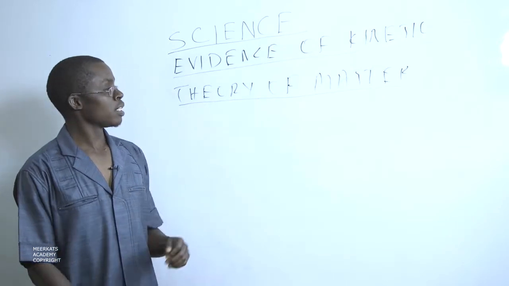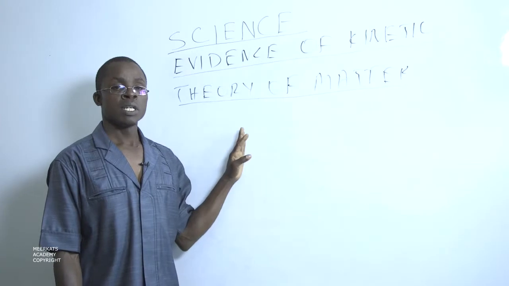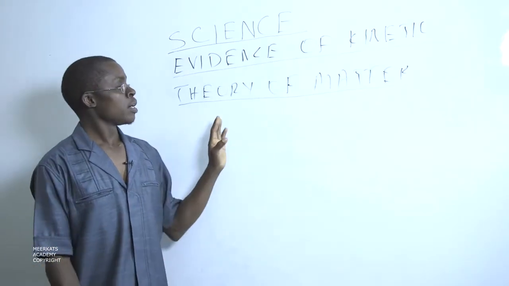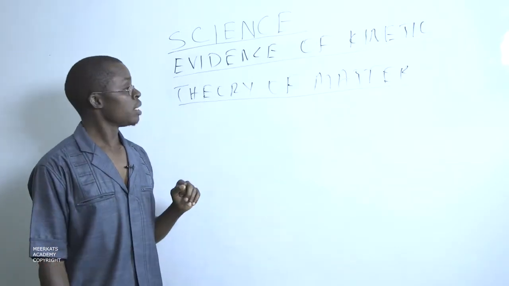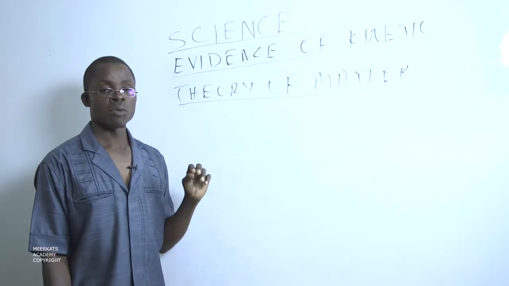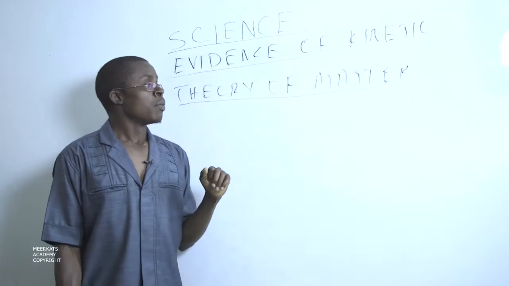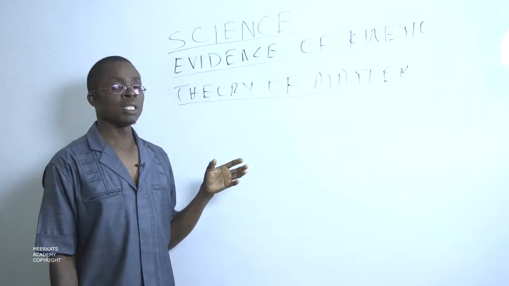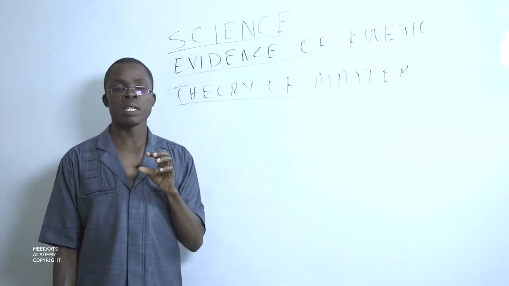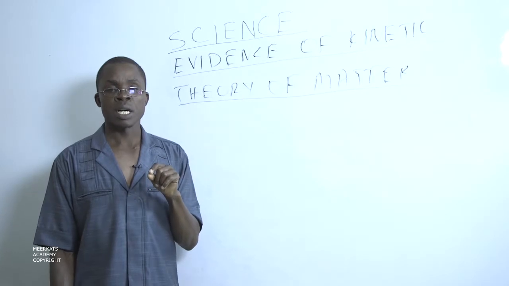We have been looking at particles in solid, liquid, and gaseous states, where we saw that particles in those three states are always in continuous movement, apart from solids where we have vibration of the particles. But we need to see the evidence of the theory we used to explain the behavior of solids, liquids, and gases.